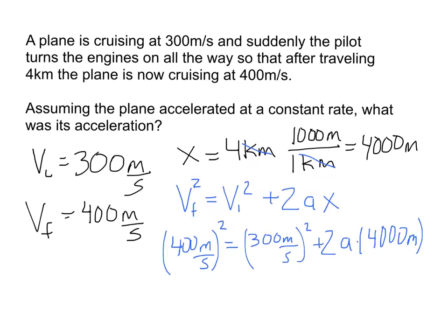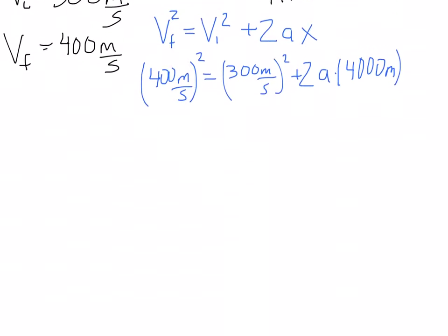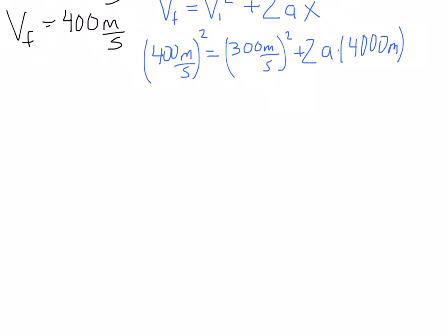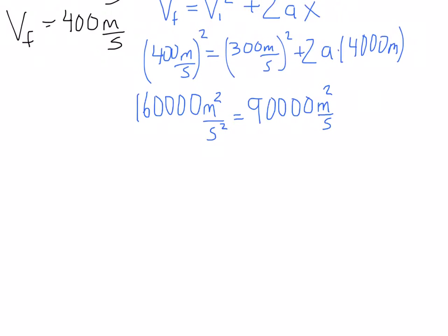So I'm going to evaluate these squares. So on the left I get 160,000 meters squared over second squared, and that's equivalent to 9 and then 4 zeros, so that's 90,000 meters squared over seconds squared.